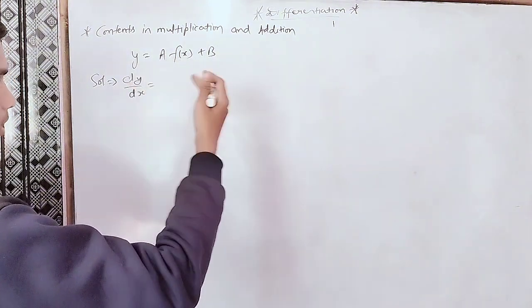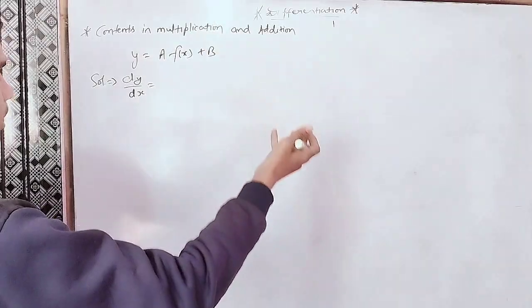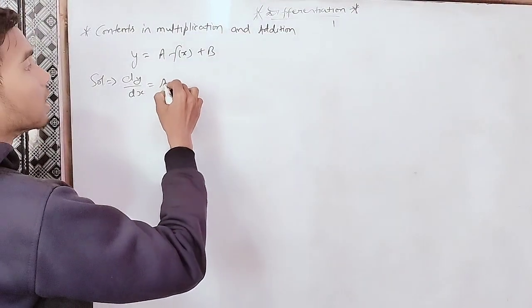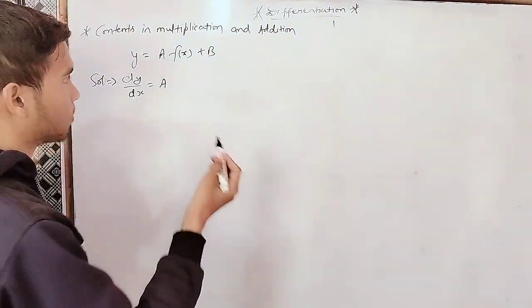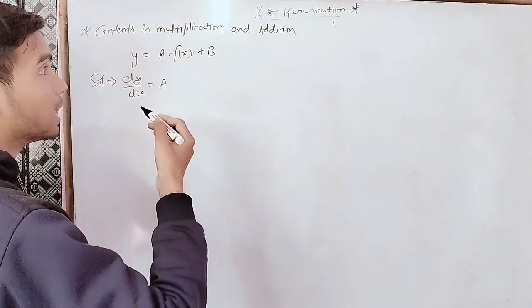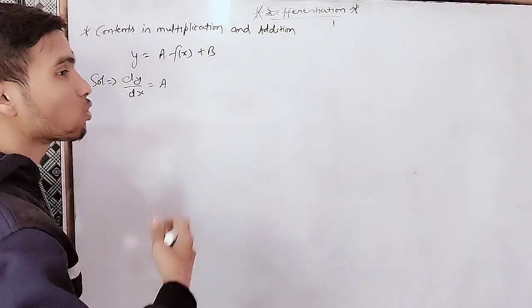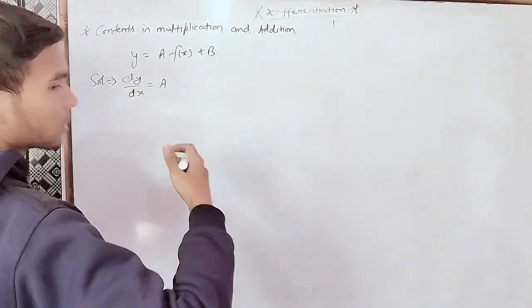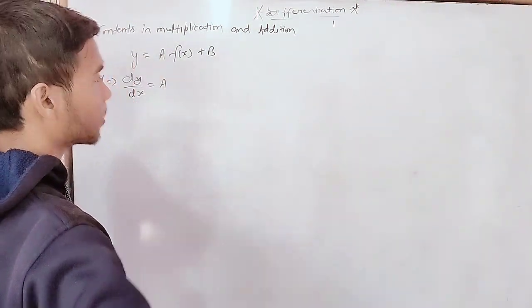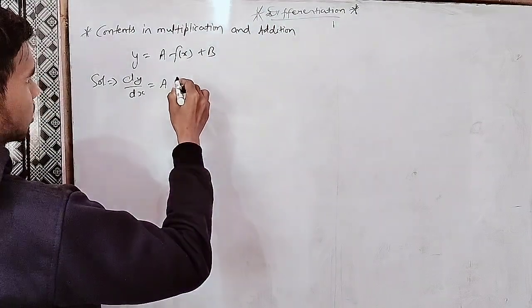This is a with a multiple of f(x). That's why it will remain the same. It can't be written as a constant because it is not in single form. It is with multiplication.